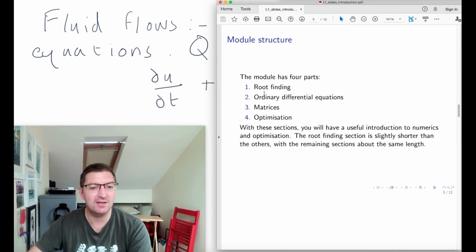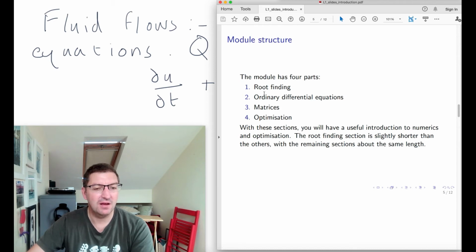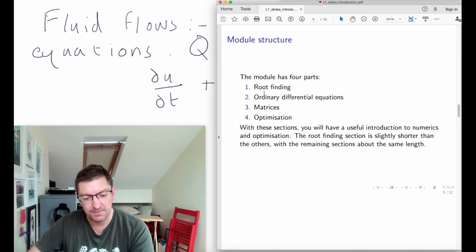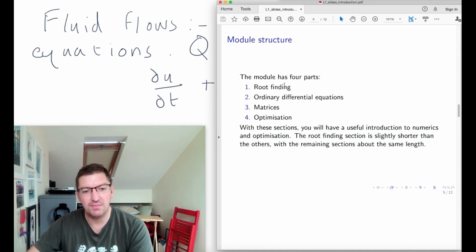So don't be surprised if we come across the bisection method or fixed point method, but hopefully you'll see that we'll go into more depth. We'll analyze a little bit more closely the conditions for convergence, and this is quite a short section, but it's important. It sets up the theme for the rest of the module.